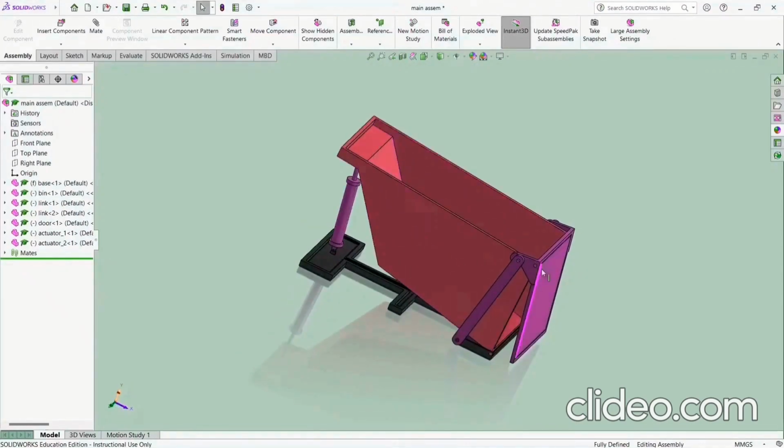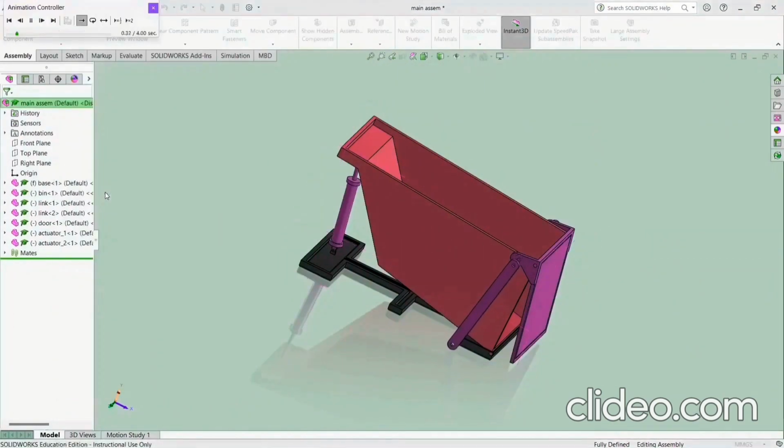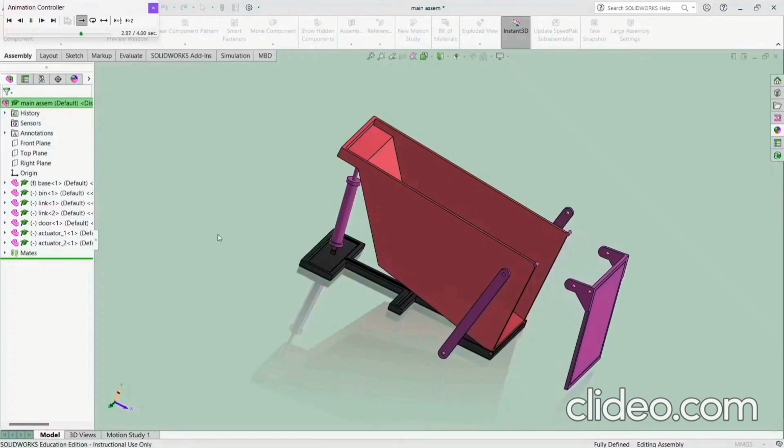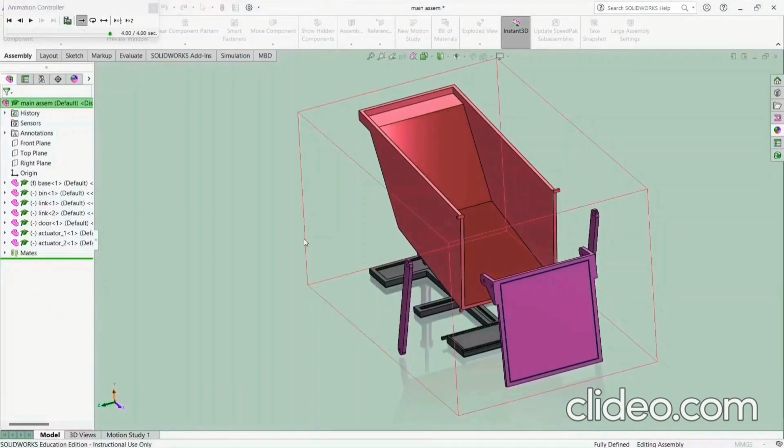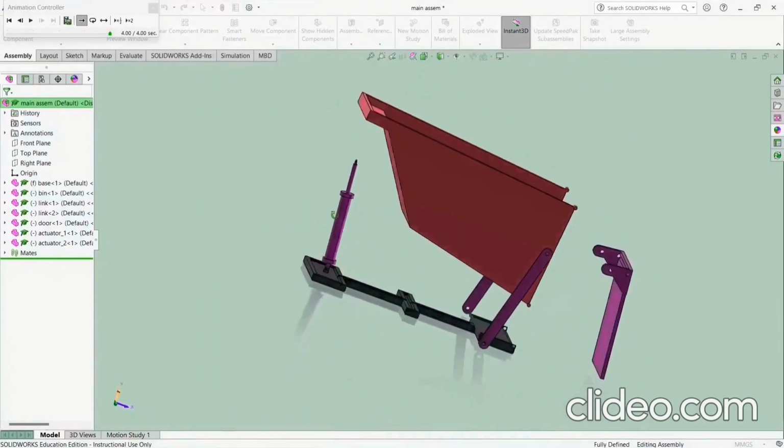The door is linked with the bin at two points, first and second. Now let us see all these parts separately to have a good look at them. Now you can clearly see the parts, the bin, the door, and the links present, also the actuator.